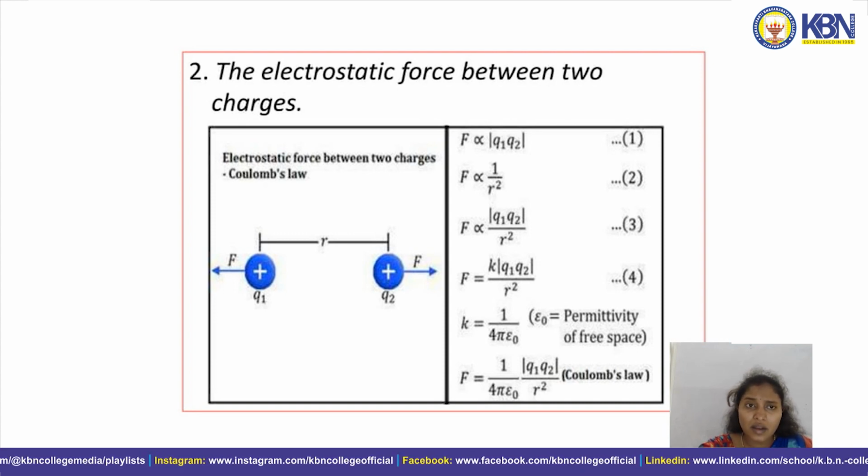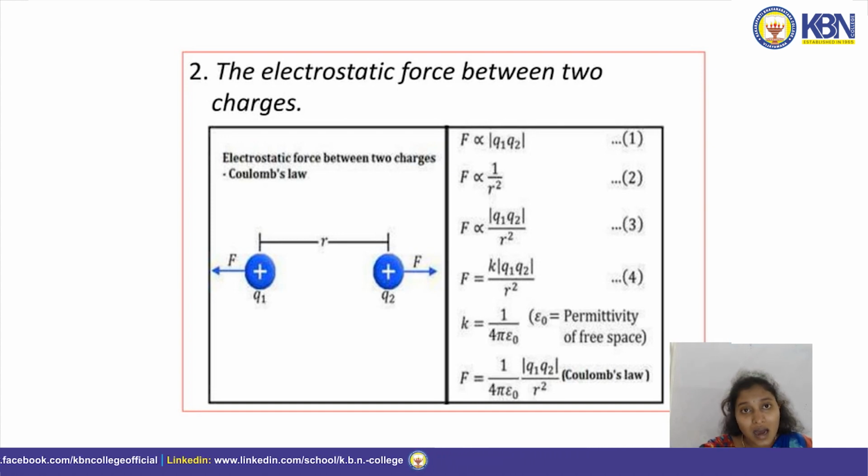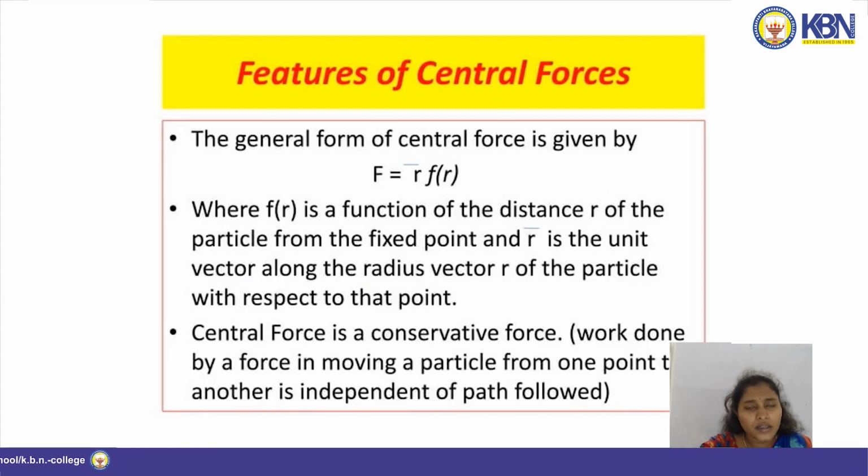We already know it, we have used it in very small derivations also. So the final equation given by Coulomb is F equal to 1 by 4 pi epsilon naught into q1 q2 by r square. So by using Coulomb's law we can know the electrostatic force between the 2 points.